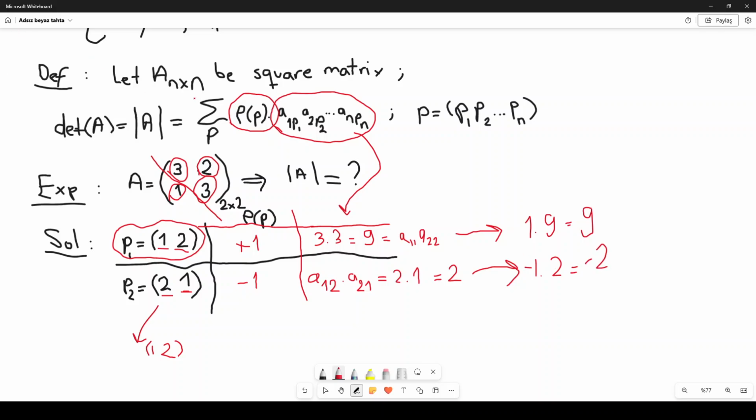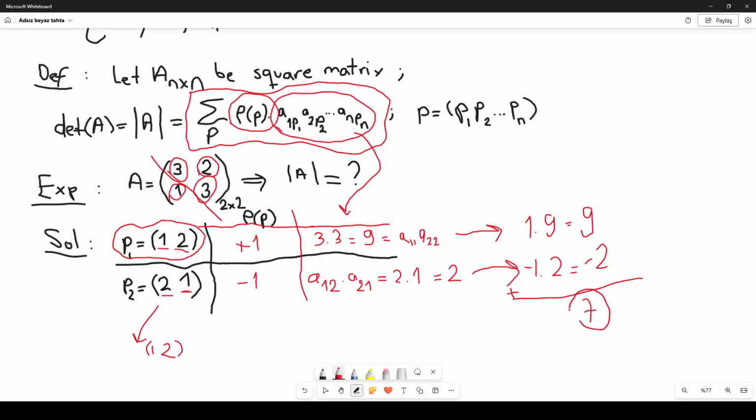Due to the formula, we have a summation over the permutations, so we need to sum up the final values, which means 9 minus 2, which is equal to 7.